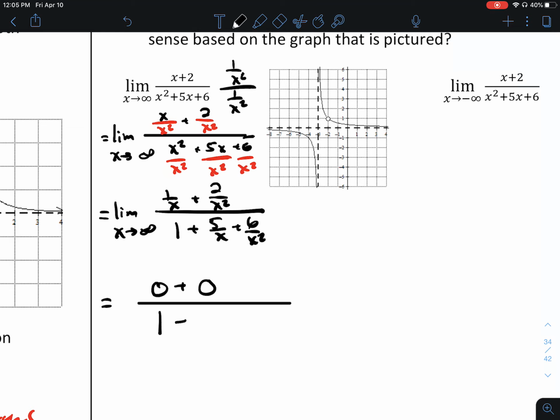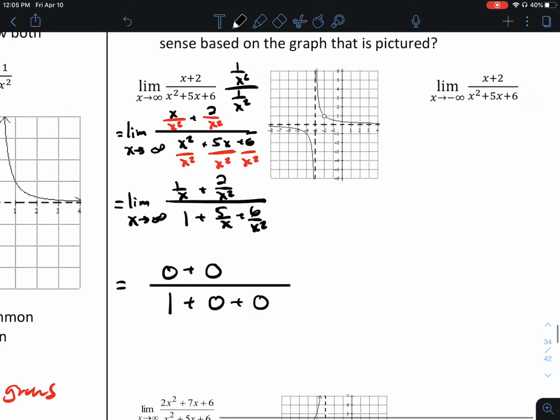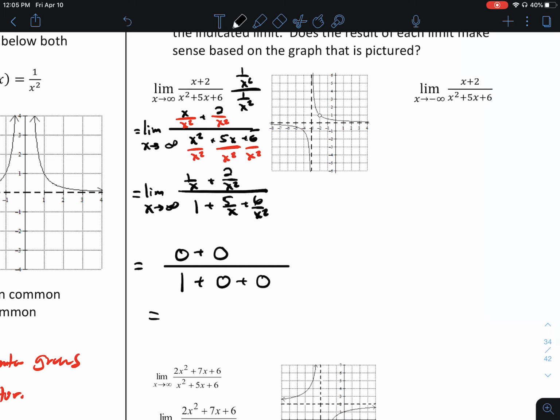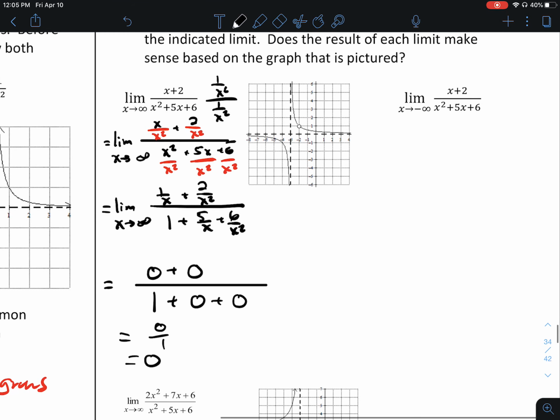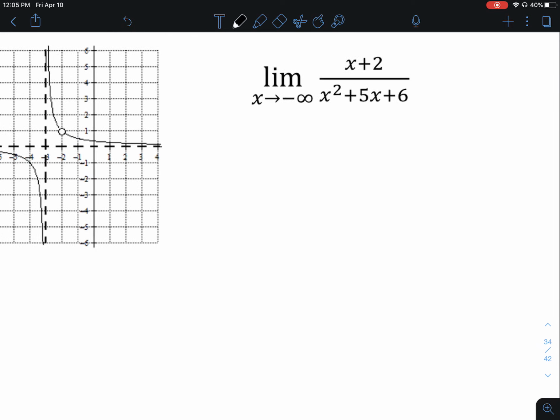On the bottom, 1 is going to approach 1, 5 over x approaches 0, and 6 over x squared approaches 0. We end up with 0 over 1, which is 0. So this limit approaches 0. Now the picture clearly shows that, but we wouldn't have a picture. As x approaches positive infinity, the graph is approaching the horizontal asymptote of 0.